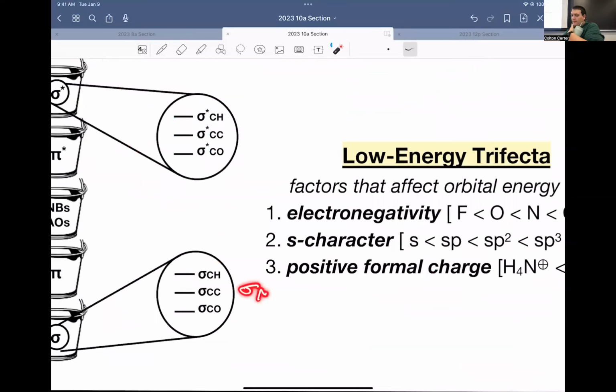That's a great question. What you do is you add the electronegativities. So think about it this way: nitrogen and oxygen are both fairly electronegative. So this is going to be even lower than sigma CO because it has two of those more electronegative atoms, whereas this just has one more electronegative atom.